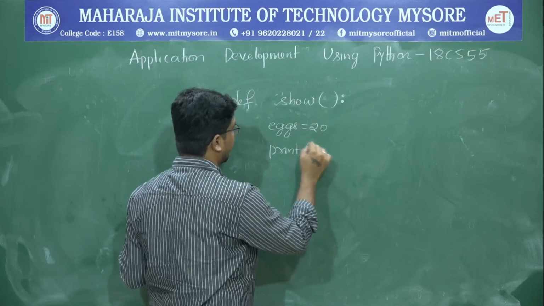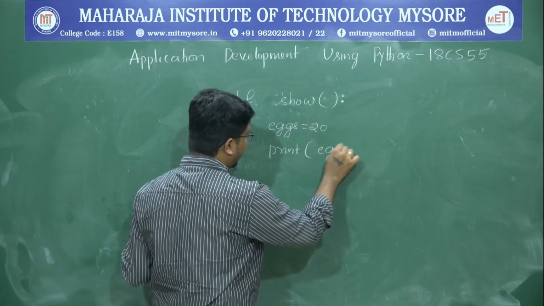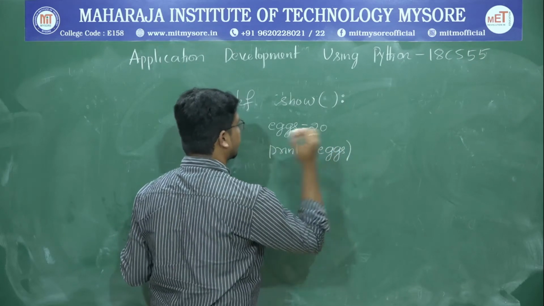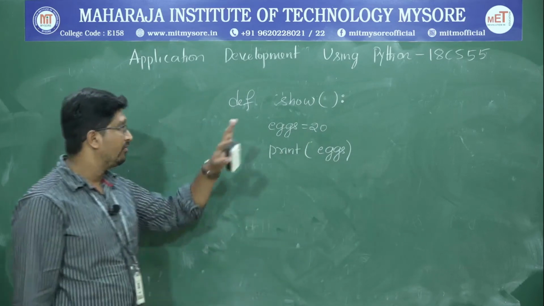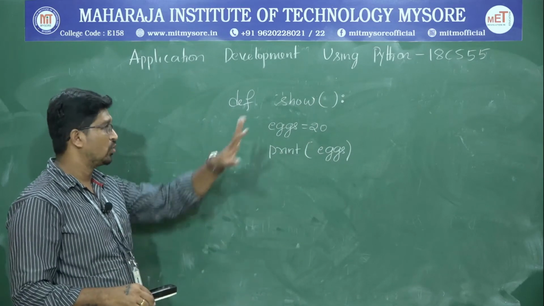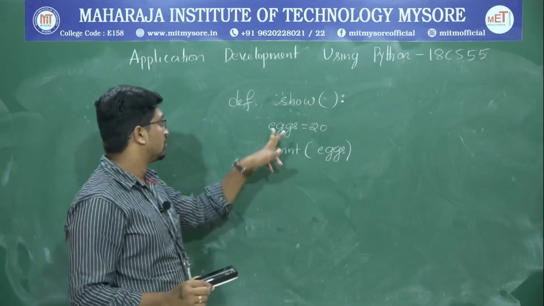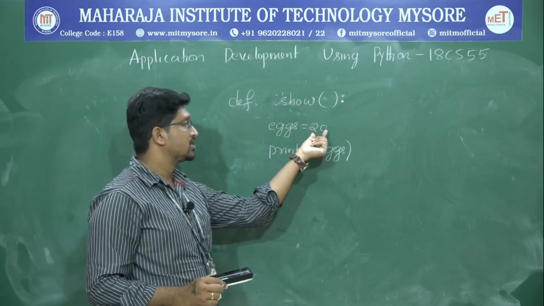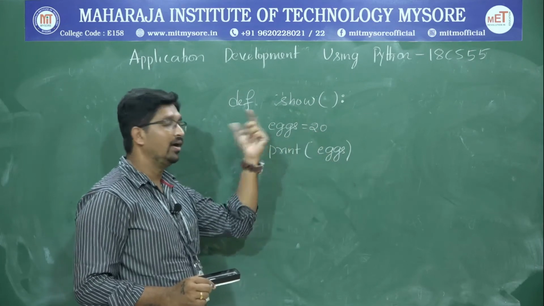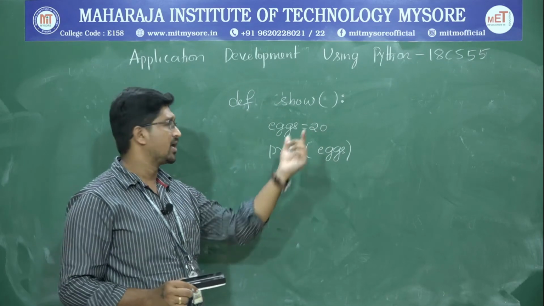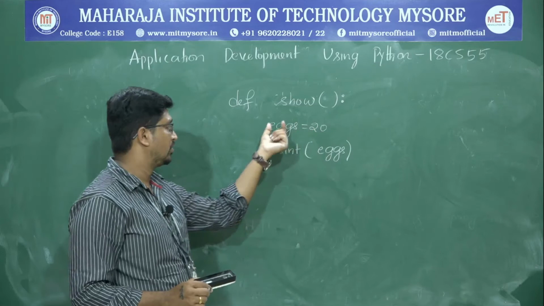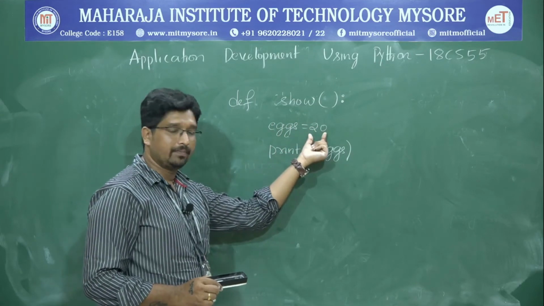I have a very simple function, a show function. I wanted to know how many x I have. Initially x is initialized with 20. x is a variable of integer type because I am assigning an integer value. x is equal to 20.